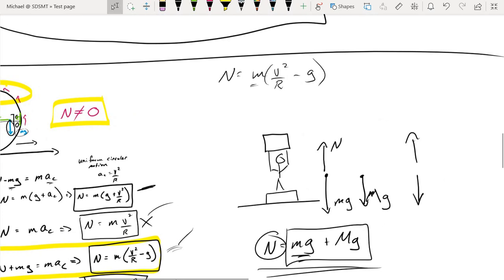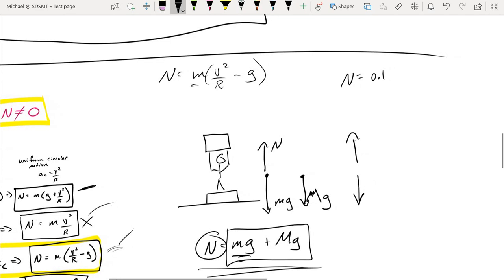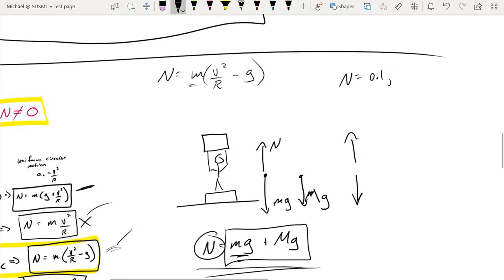But how close to 0 could you get? You know, could you have a normal force of 1 Newton, 0.1 Newton, 0.01 Newton? Every one of these, as long as it's not 0, technically means that we're still in contact with the track. Well, why don't we press our luck?